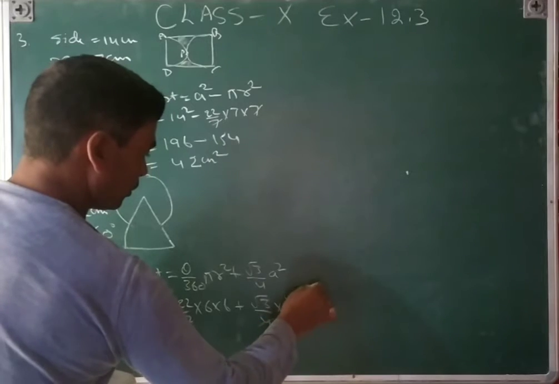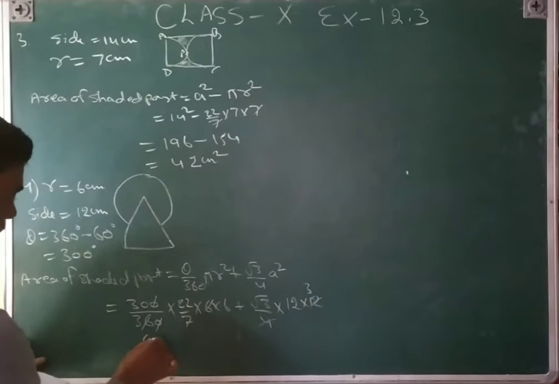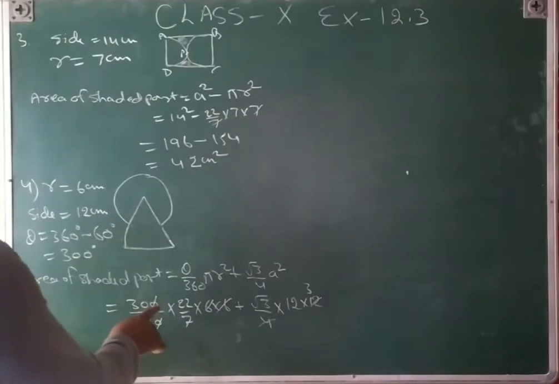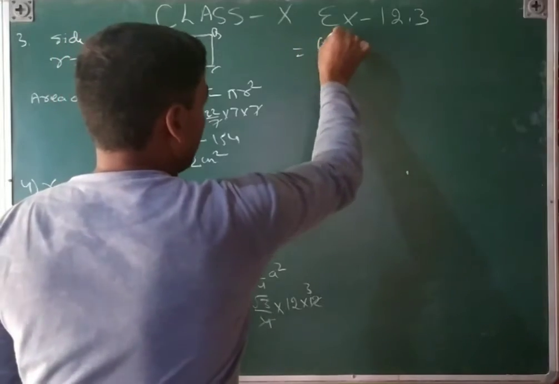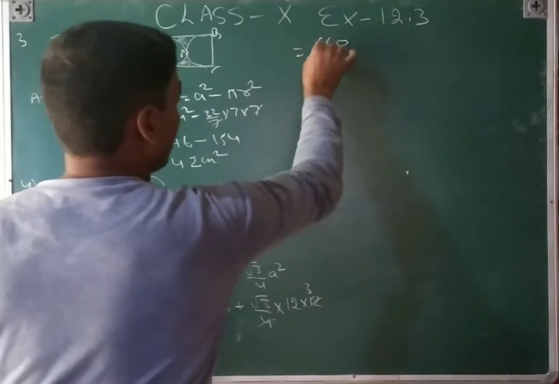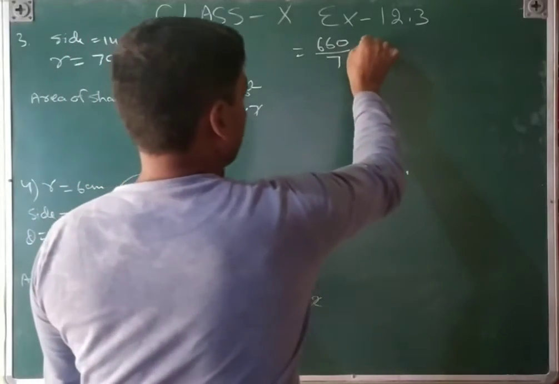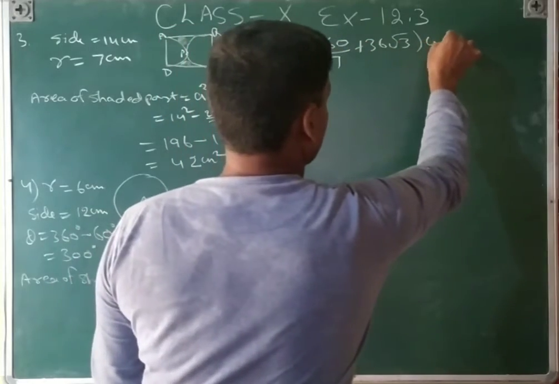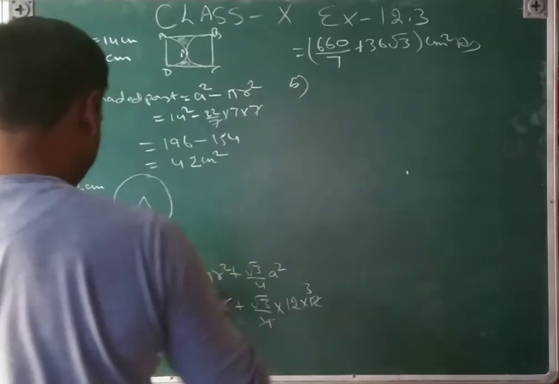So 2 threes are 6, 4 threes are 12, then 0 cancels by 0, and 6 cancels by 6. So that is multiplied by 2 threes are 6, then 0 upon 7, plus 12 by 36 under root 3 centimeter square. Then question number 5.